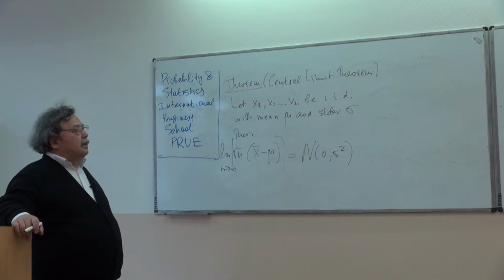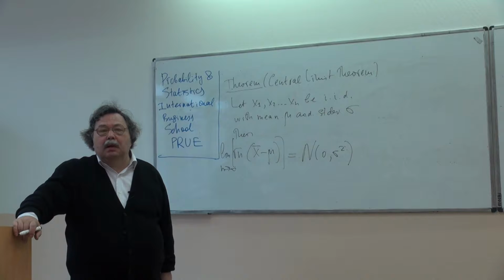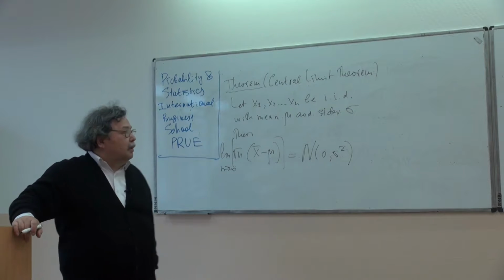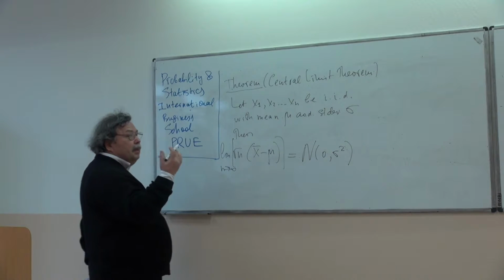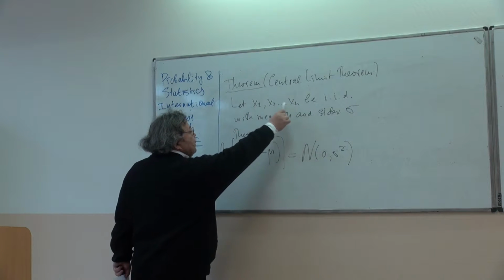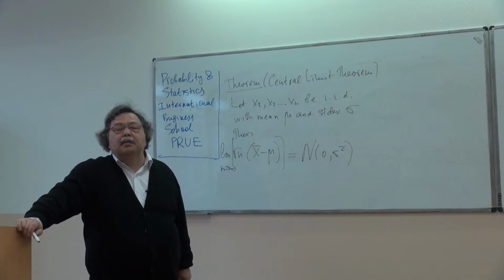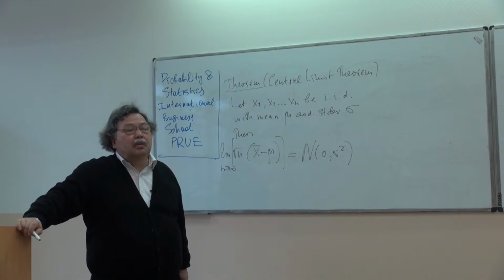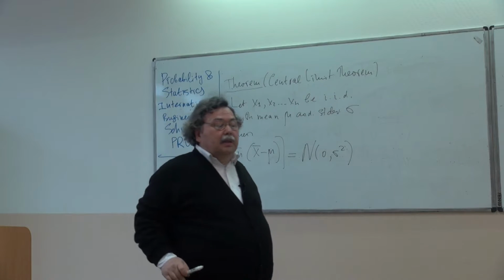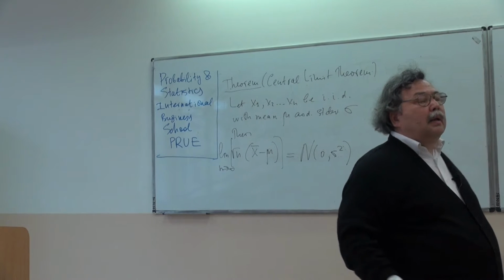Well, this is absolutely marvelous, because the main thing about this theorem is this: we do not make any assumptions about the law, the probability law, the distribution that these random variables follow. We absolutely do not assume that it's normal or anywhere close to normal.